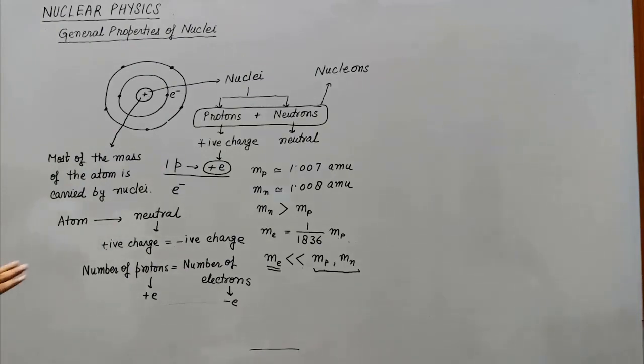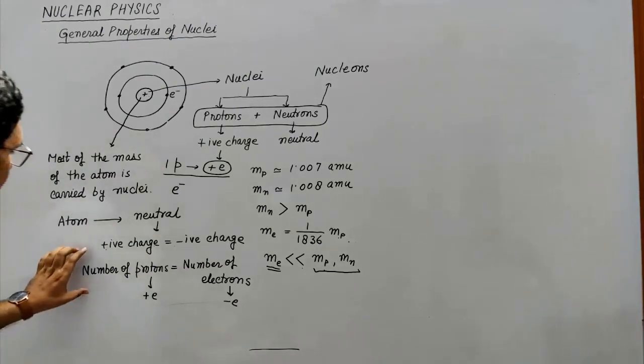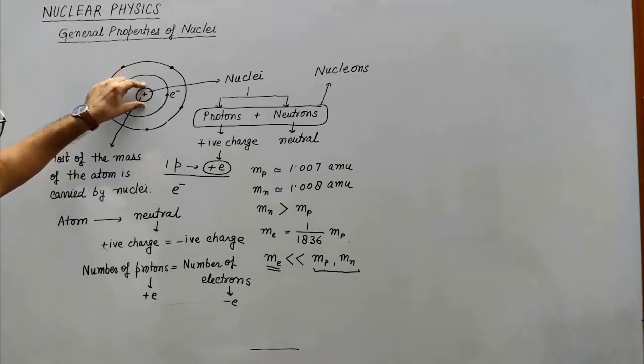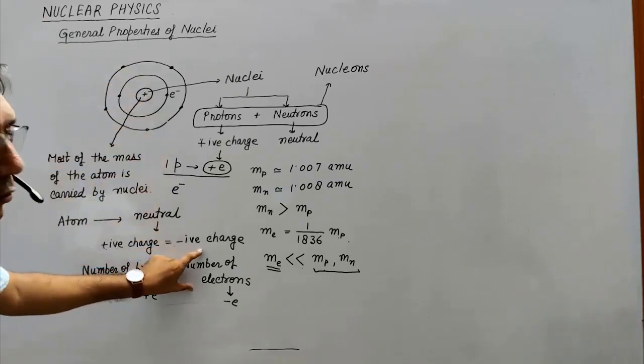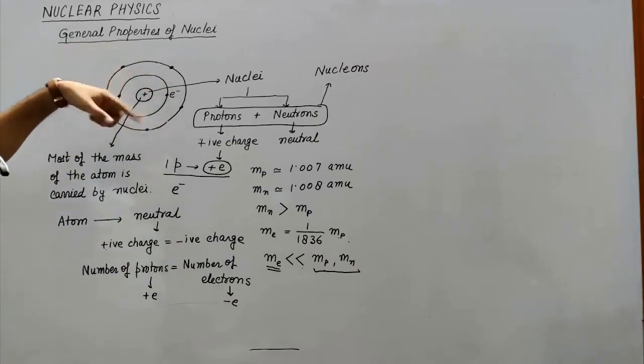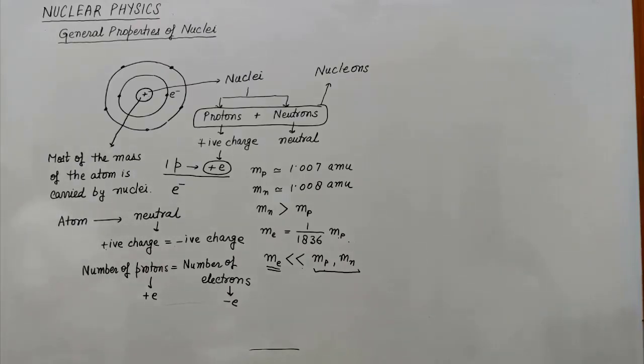So this is another important thing about the atom, that all these protons exist inside the nuclei and they are carrying the total positive charge of the atom, while all these electrons which are carrying negative charge are revolving in different orbits outside the nuclei. So basically, what are the constituent particles of the nuclei? Protons and neutrons.